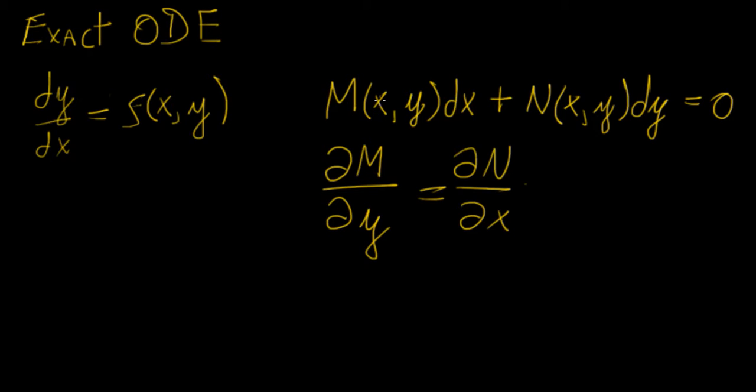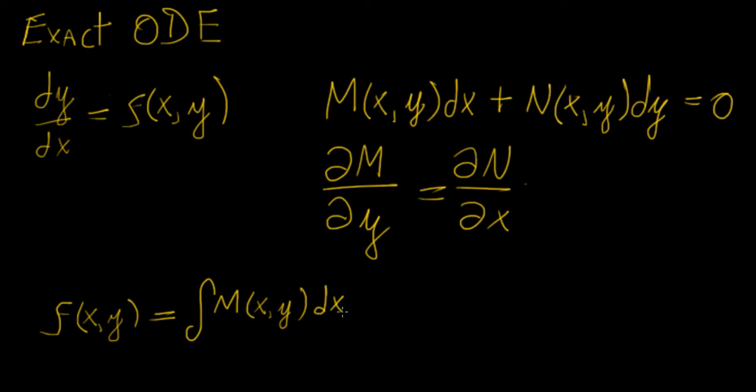What that means is that we can find an implicit solution, f of x and y, by either integrating M of x and y with respect to x, and that would imply the other condition, that the partial derivative of f with respect to y is equal to N of x and y. Or we can integrate the function N with respect to y and have the condition reversed, which would say the partial derivative of f with respect to x is equal to M of x and y. Either of them would give us the same solution.